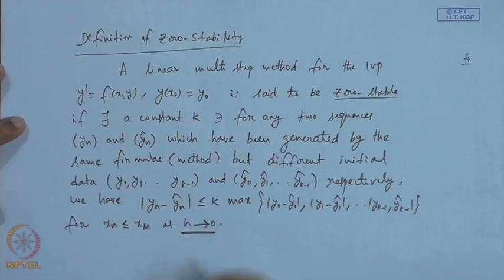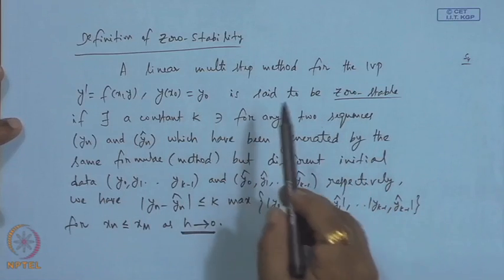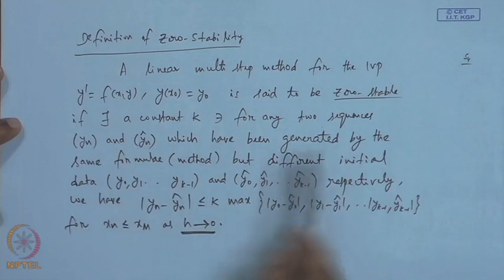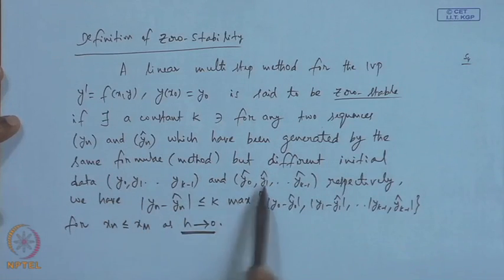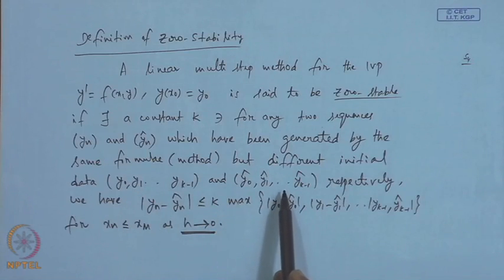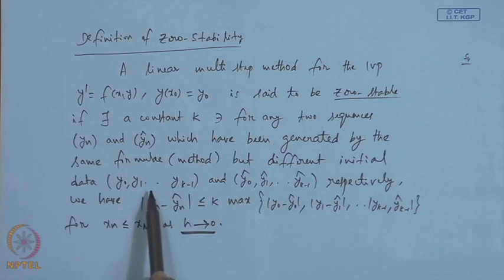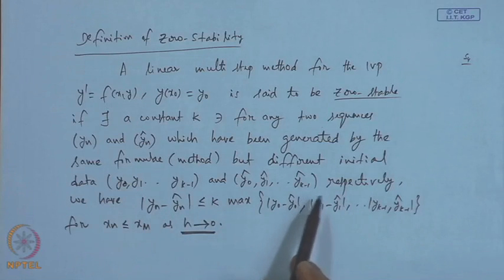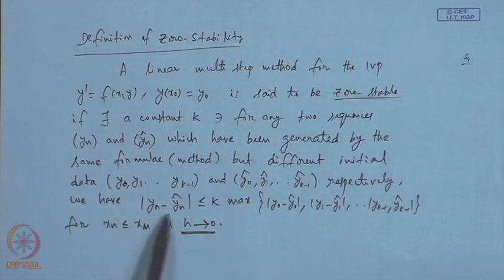So, this is very important. What did we do? For any two sequences which have been generated by the same formula but different initial data, this is one set of initial data, this is another set. Of course, the solutions will be different. You start with one set of initial data and arrive at some solution, and you start with another set and arrive at the corresponding solution, because after all, the solutions are curves. So, this difference should be bounded by a constant times the maximum of the difference at a particular grid point.